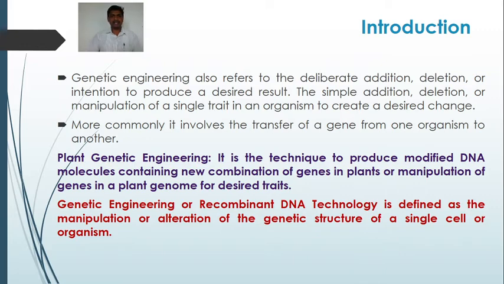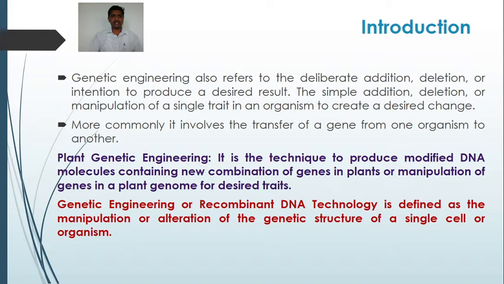The simple addition, deletion or manipulation of a single trait in an organism creates a desired change. So the main goal of genetic engineering is to make a desired change in an organism by deliberate addition, deletion or some modification in its genetic makeup.